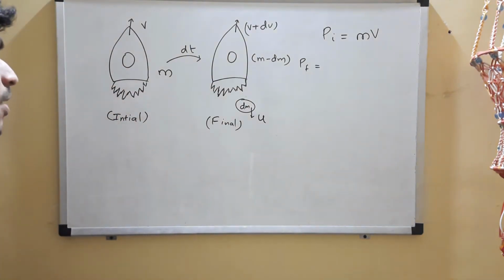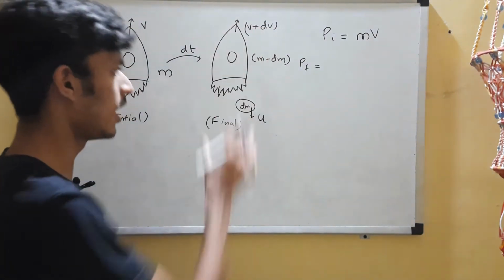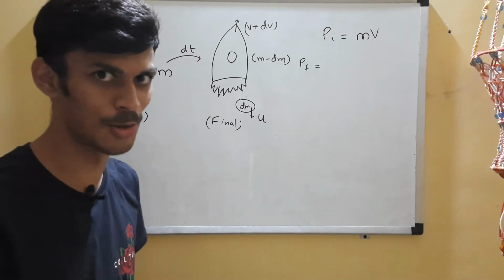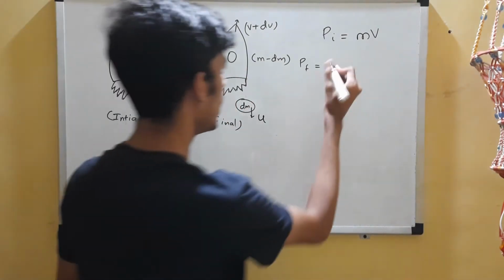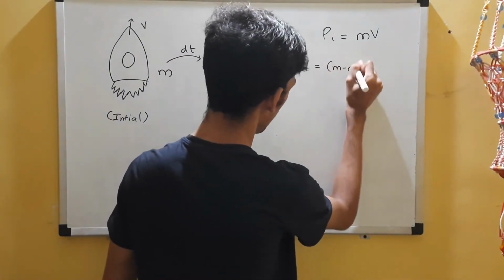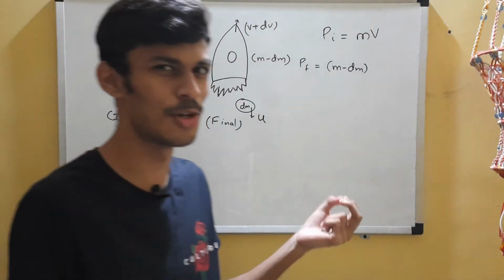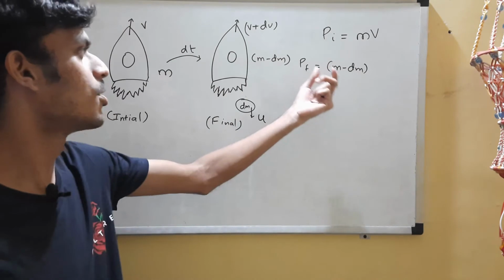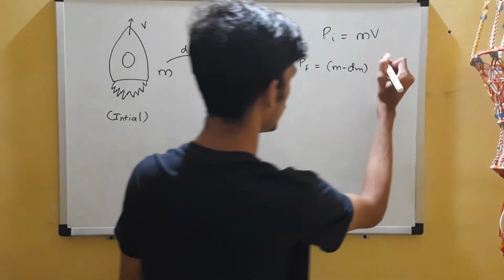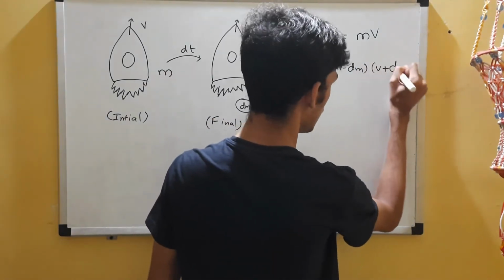So final momentum will be the momentum of this rocket as well as the momentum of fuel. The momentum of rocket is m minus dm, its mass has changed, as you can see, it has burned dm amount of fuel, so m minus dm into its velocity, which has increased.